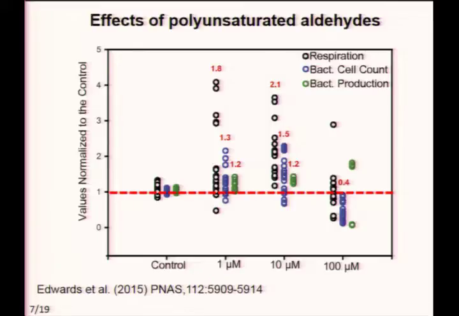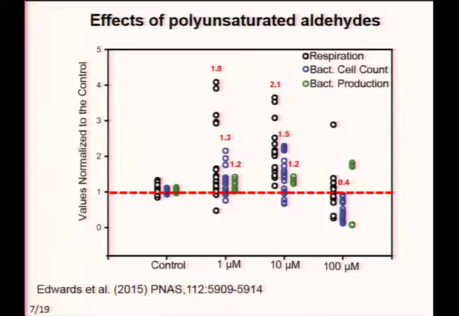So what you're looking at here is effectively some experiments that laced aggregates with this particular type of chemical, polyunsaturated aldehydes, which I will refer to as PUAs from now on, for obvious reasons. And what this is showing is, so the red line is the control. This is one-to-one.